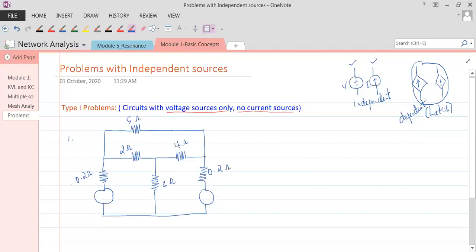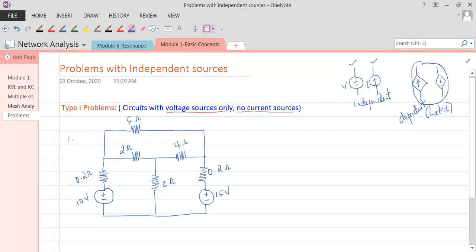Mind you, these two are voltage sources, plus minus, and this is given to be 10 volts. This is also plus on the top and minus here, and it is given to be 15 volts. Everybody's okay with this?